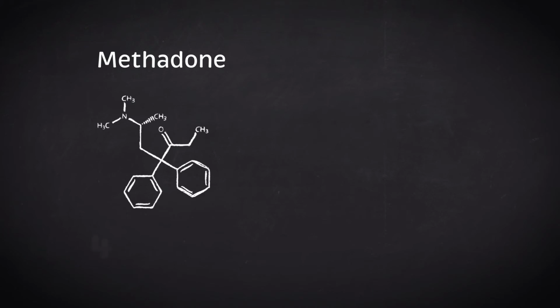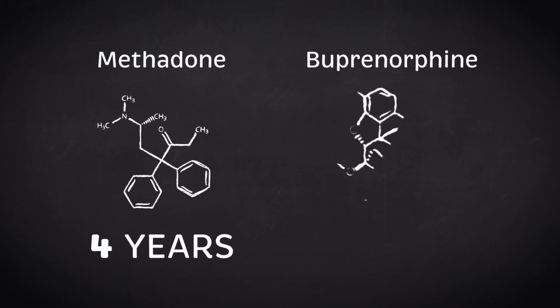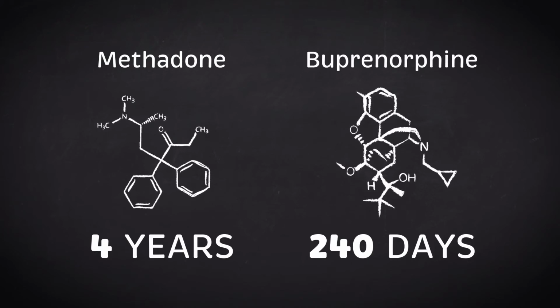After another 60 days of continuous program compliance in the OTP and illicit-free drug tests, the patient could be eligible for 27 take-homes. So what would take a methadone patient 4 years to achieve in terms of earned take-homes, a buprenorphine patient might take 240 days.